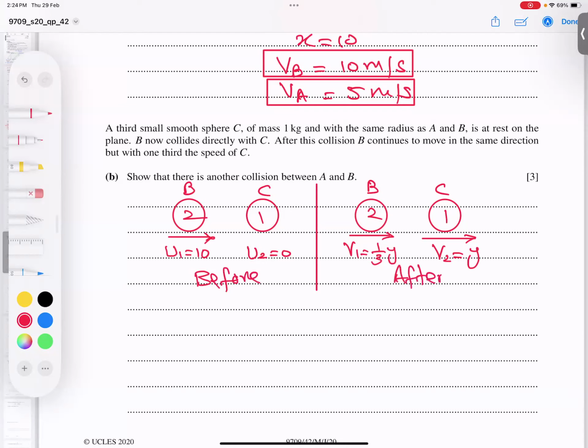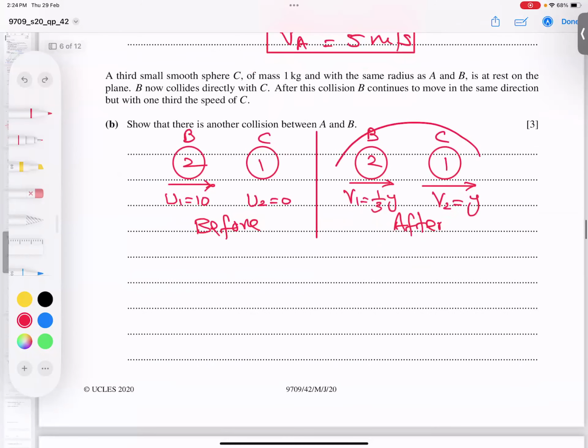But hold on. What is my target? Naturally, I will find the unknown speeds after collision, but also show that there is another collision between A and B. Let's first find the speeds. The formula you are familiar with: M1 U1 plus M2 U2 equals M1 V1 plus M2 V2.